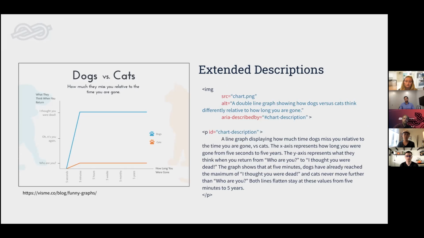And then we have an aria-describedby tag, and this points to an ID, and that ID is referred to in a paragraph below. That is the extended description that then goes into reviewing the actual data. So if you were looking at this graph on a website, this paragraph would typically fall underneath the image in small text to give the user some context behind it.